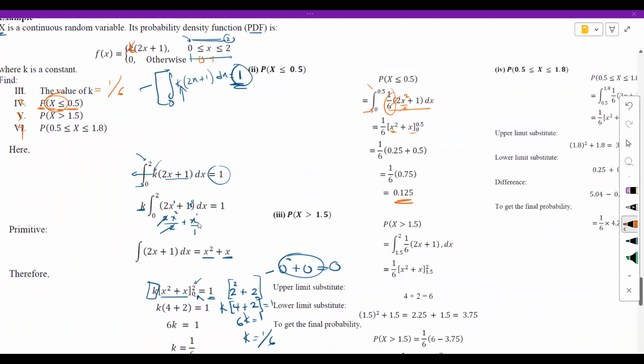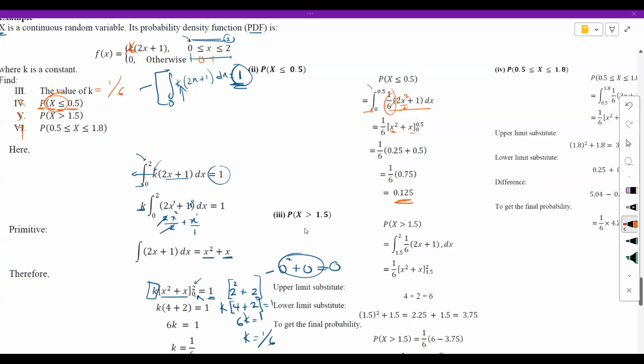The function is 1/6 times the bracket of 2x, sorry, 2x, not squared, 2x plus 1, and the lower limit is 0, the upper limit is 0.5. So 1/8. 1/8 means 0.125.